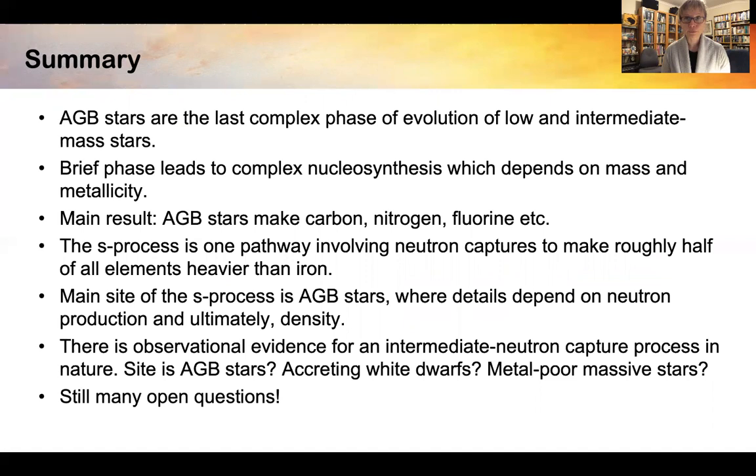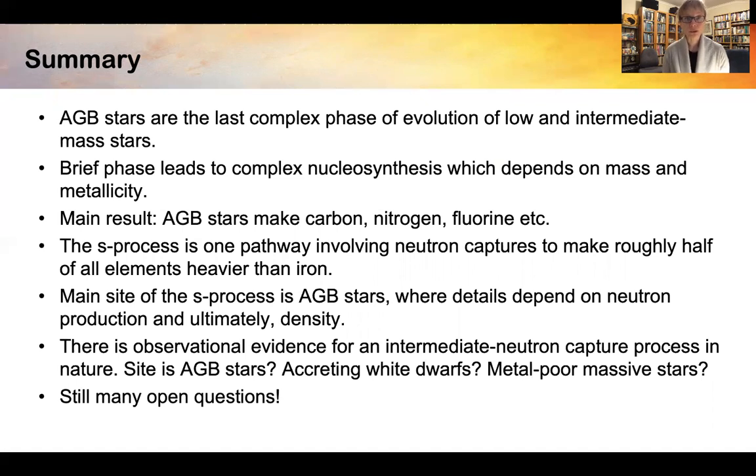I focused first on the AGB stars. This is the last complex phase of stellar evolution for low and intermediate mass stars. This brief phase leads to complex nucleosynthesis, which depends both on the initial stellar mass and initial stellar metallicity.